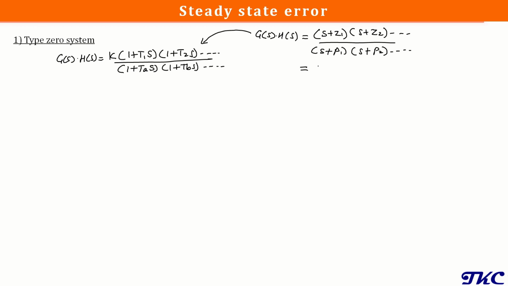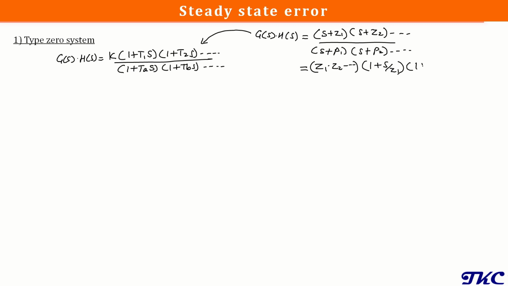We can take z common here, so z1 into z2 and so on. Then we will have the brackets as 1 + s/z1, because we have taken z1 common from this bracket and z2 common from this bracket, and so on.